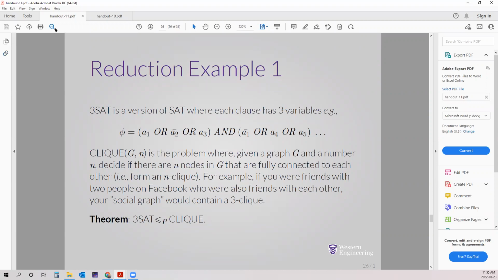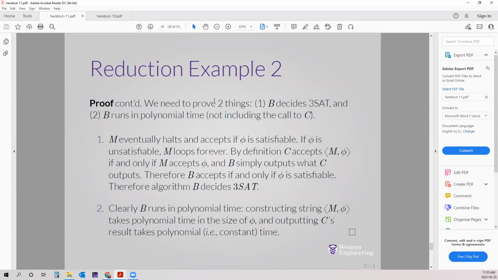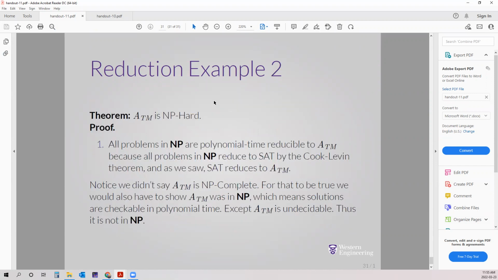Tomorrow we'll talk about reduction example 1 and reduction example 2, and also in the class notes we'll have more examples. But the class notes I will do next week, because tomorrow we'll talk about those two examples in handout 11.